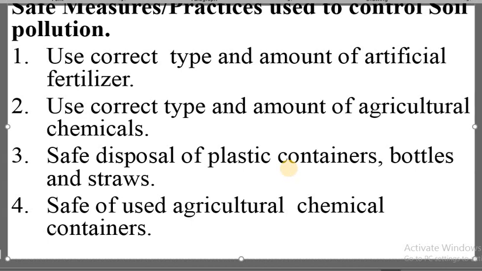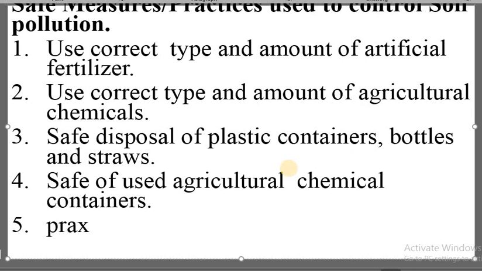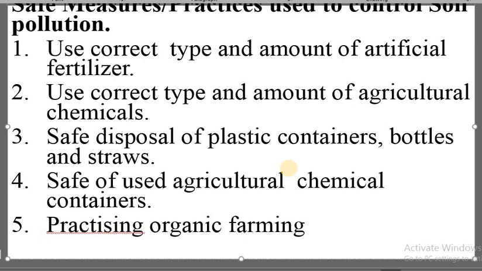Then the last point, which I want you to be very keen, and is a very easy one, is practicing organic farming. I know most of you might not be knowing what organic farming is, but you must have mentioned this.